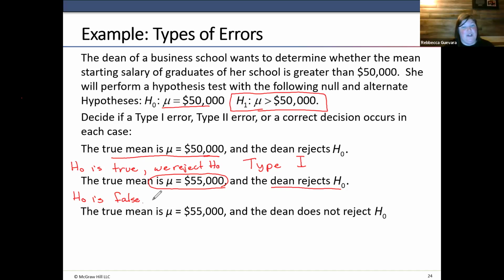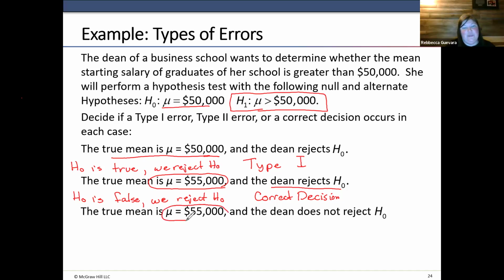So null hypothesis is false. We reject null hat. We actually made the correct decision. And unfortunately, sometimes we never know if we made the correct decision or it's way down the line. We're just kind of hoping we do.